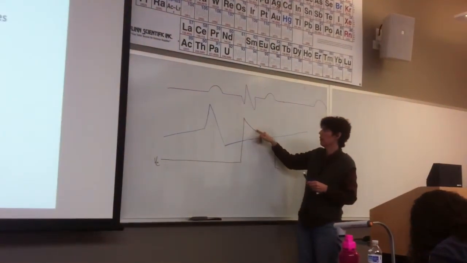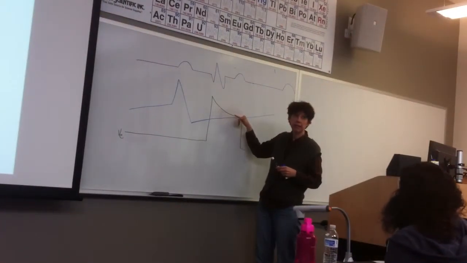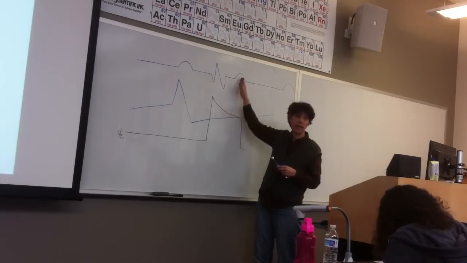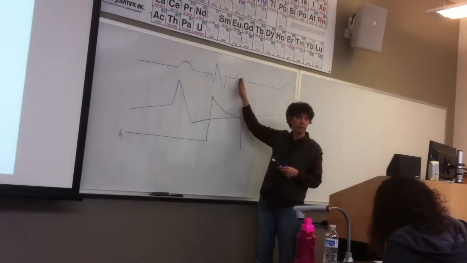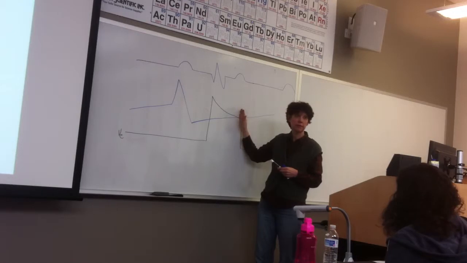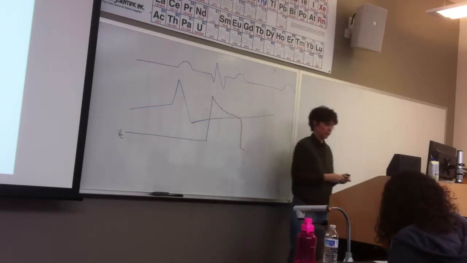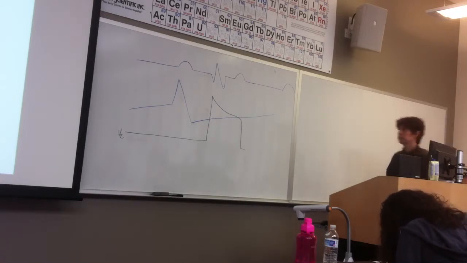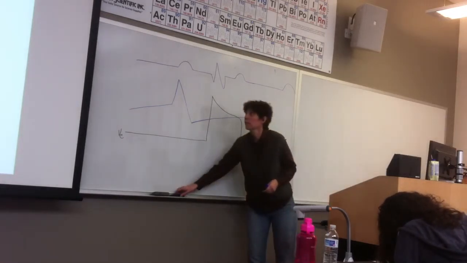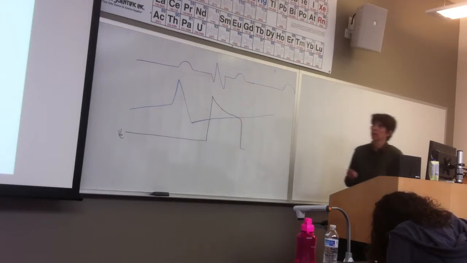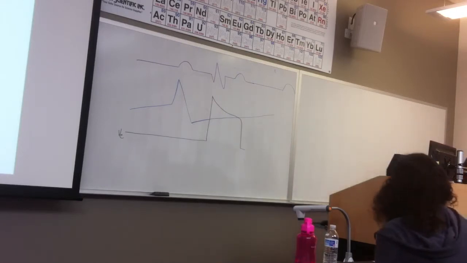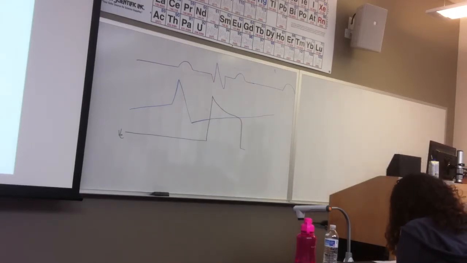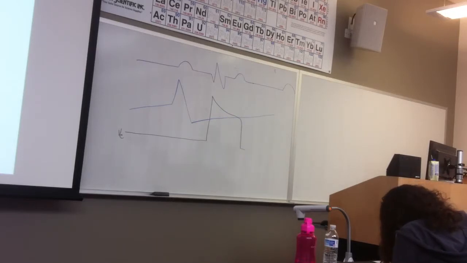So this is our slow calcium channels here, and they've closed by the time we get to this point, or they are closing. All right, that's a different question. Okay, any questions on that?